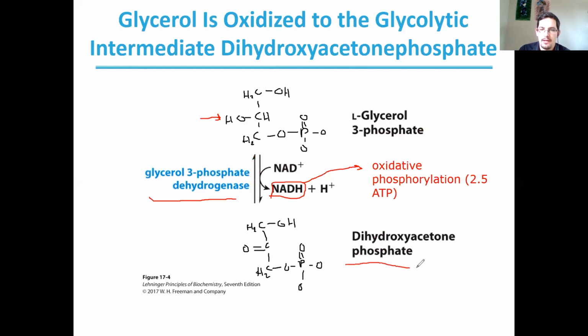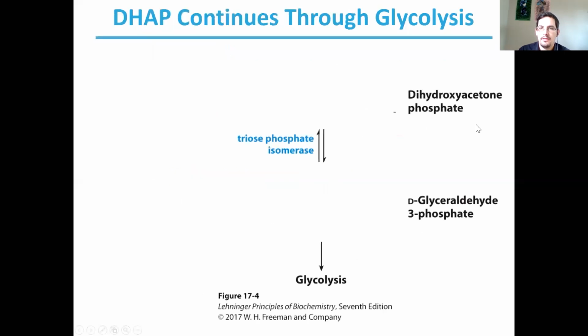And now with our dihydroxyacetone phosphate, we have a glycolysis intermediate, right? So this then can just be fed into our normal glycolysis pathway. We take that dihydroxyacetone phosphate, and we can just feed it into the triosephosphate isomerase to produce our normal glyceraldehyde 3-phosphate.